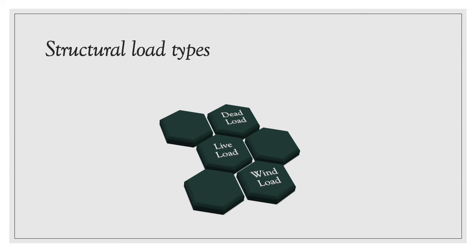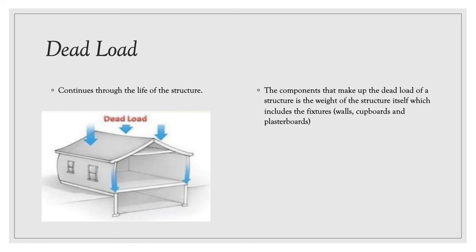Structural load types in construction are dead load, live load, and wind loads. The dead load of a structure is continuous through the life of a structure. The roof of a structure is considered part of the dead load also.